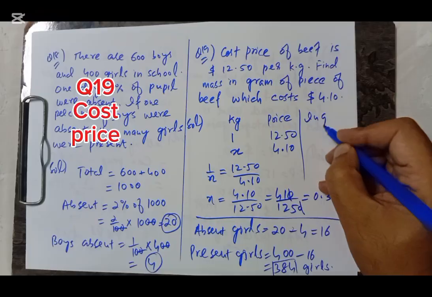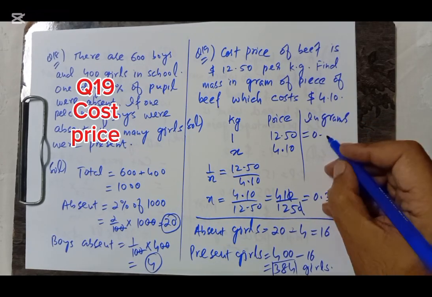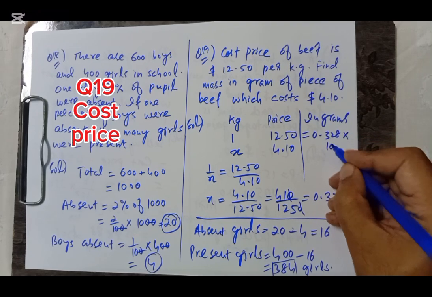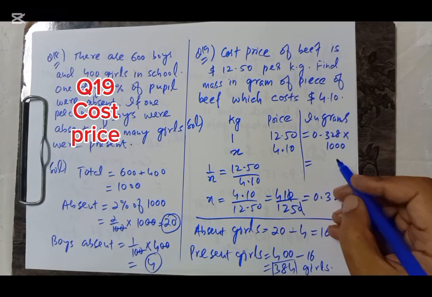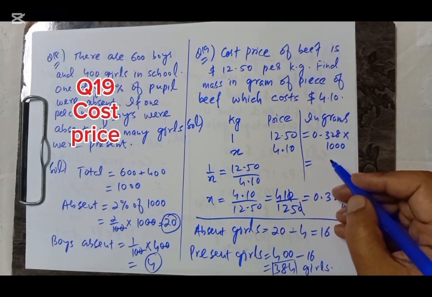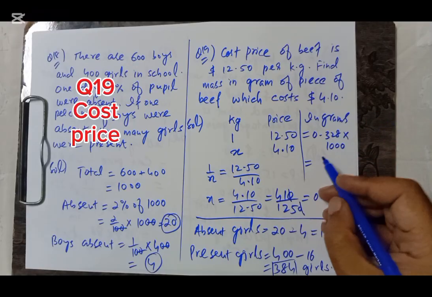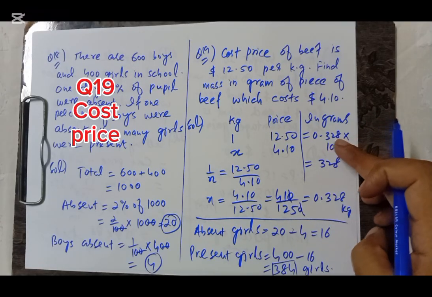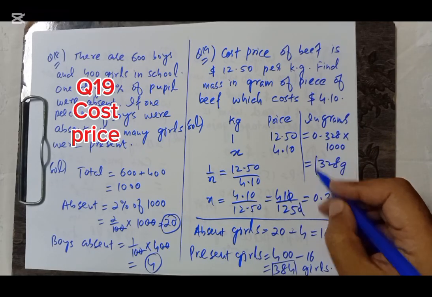So 0.328 will be multiplied by 1000, as there are 1000 grams in every kilogram. So the decimal will be moved 3 units to the right, as we are multiplying by 1000, so 328 grams should be the answer.